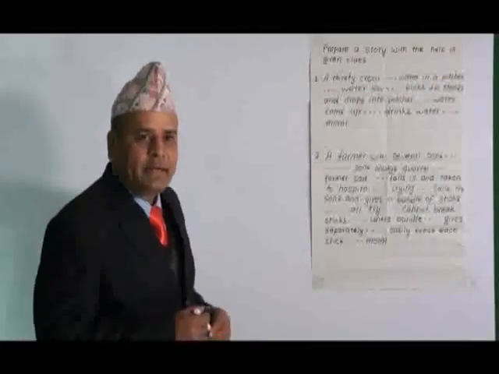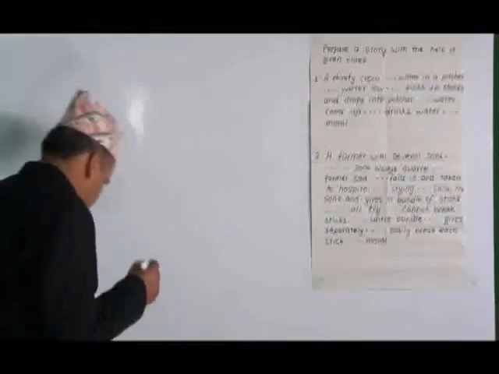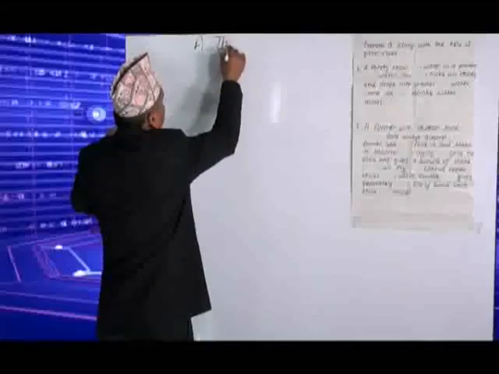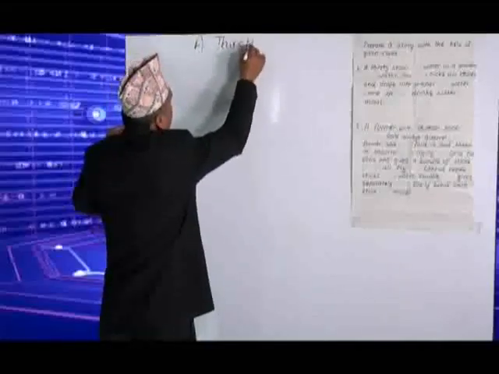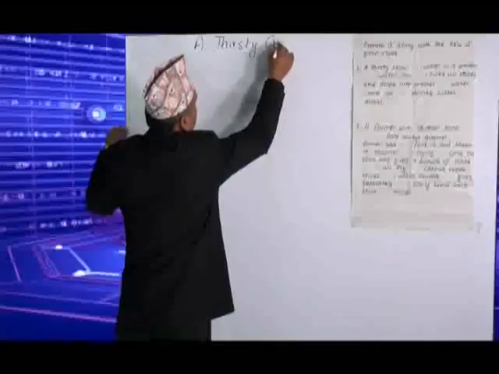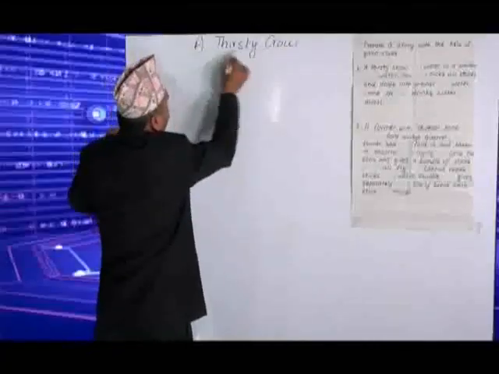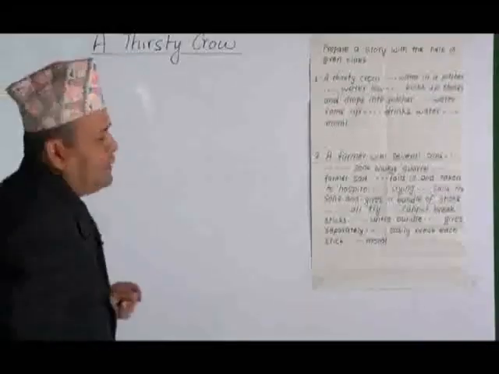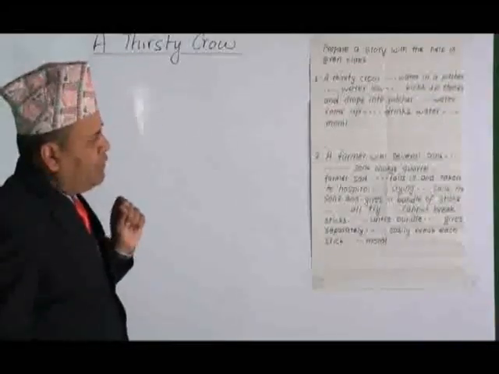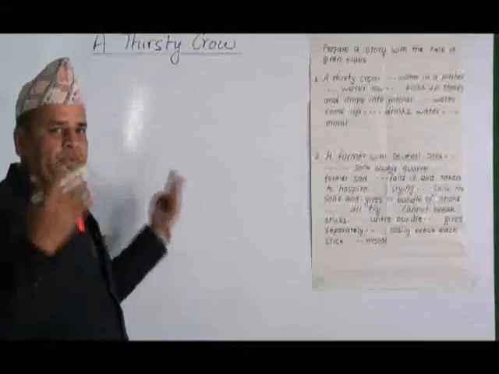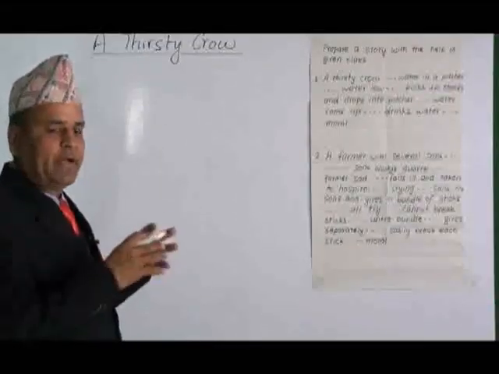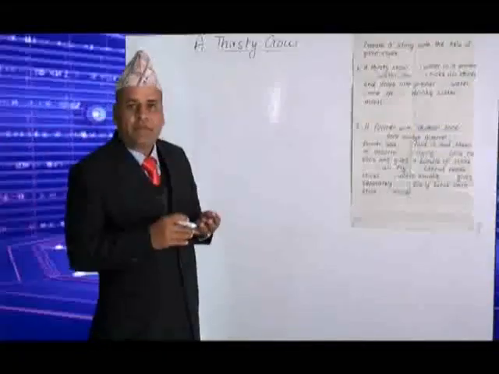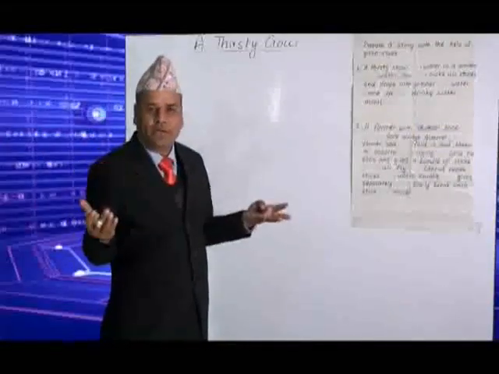So, for the title of the story, we can give A Thirsty Crow. A thirsty crow, water in a pitcher. We extend it and make it complete. We start the story with once upon a time, long, long ago, like that.